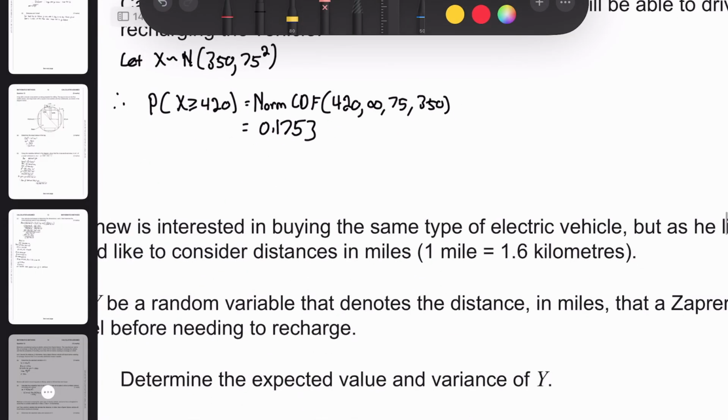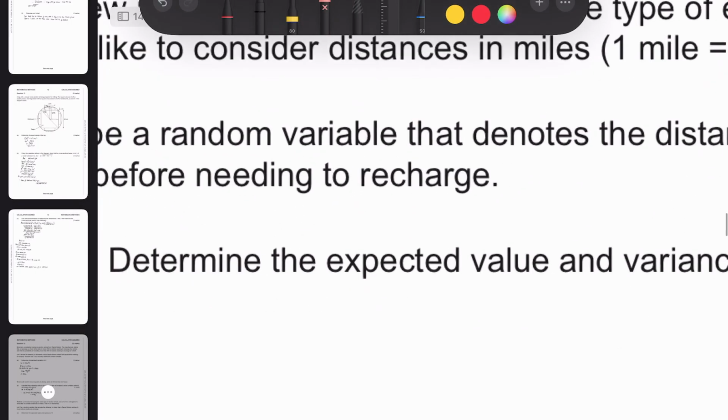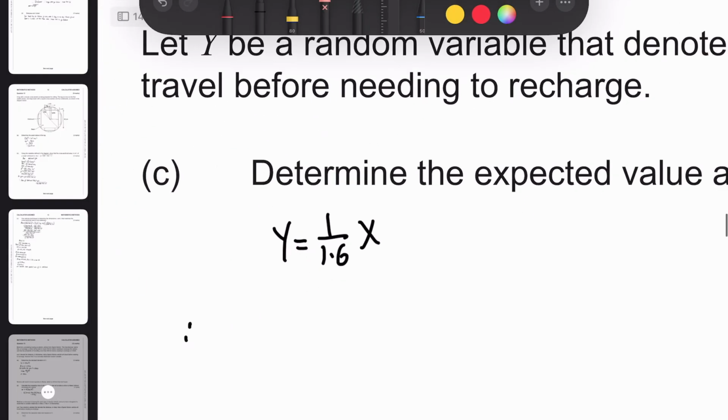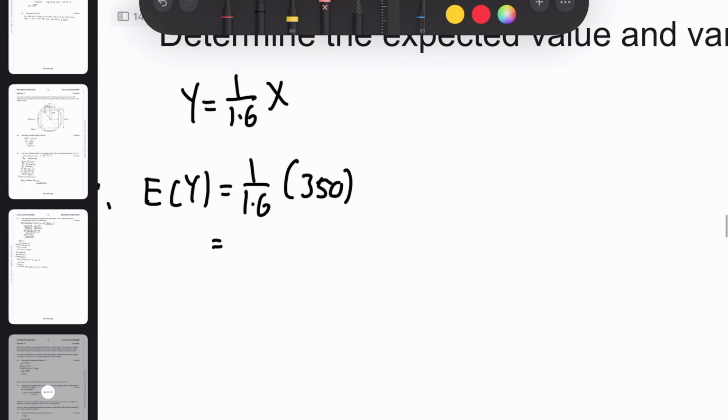Matthew is interested in buying the same type of electric vehicle, but he lives in England. As he lives in England, he would like to consider the distance in miles. Let y be a random variable that denotes the distance in miles traveled before needing to recharge. So we can say that y is equal to 1 on 1.6x. Therefore, the expected value of y is equal to 1 on 1.6 times 350, which is going to be 218.75 miles.